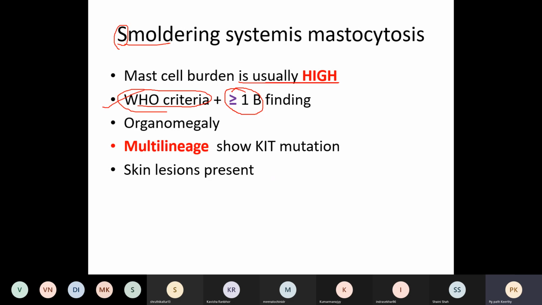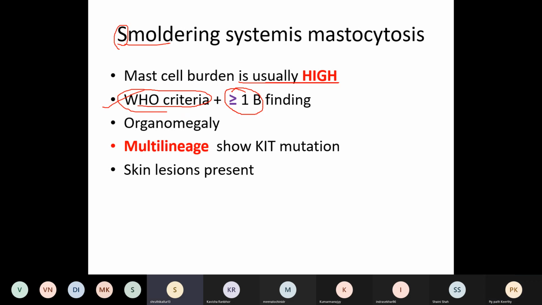Nobody? Okay. Ma'am, mast cell burden more than 30%, hepatomegaly without altered function, splenomegaly without altered function, lymphadenopathy without hypersplenism.